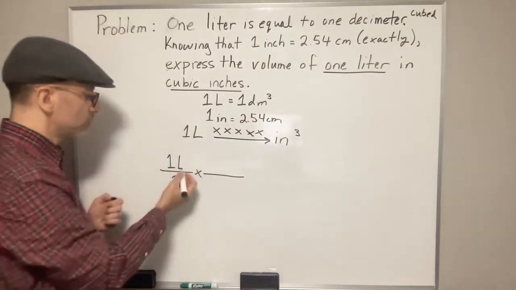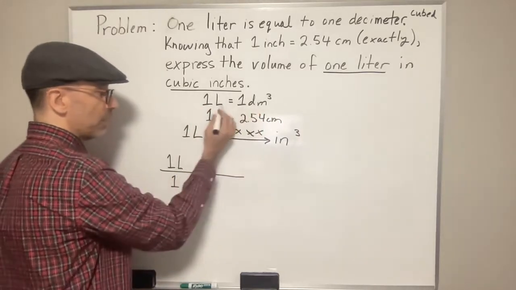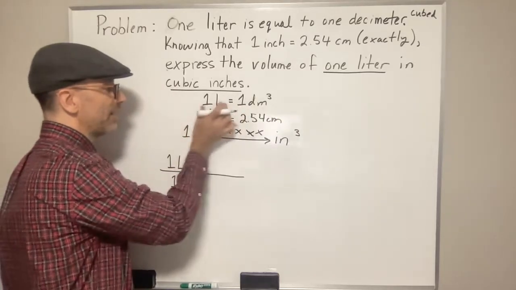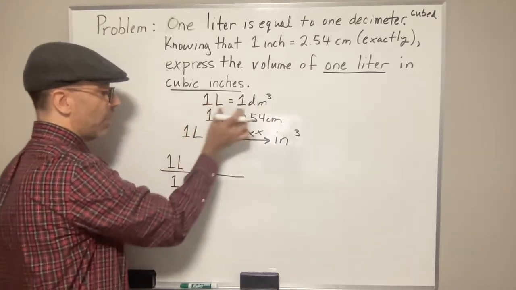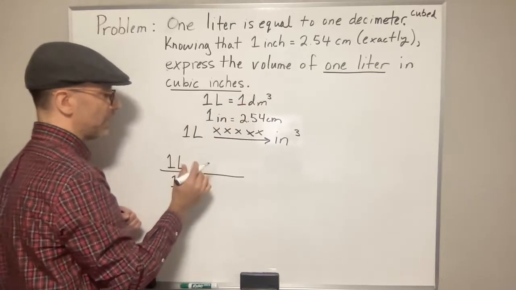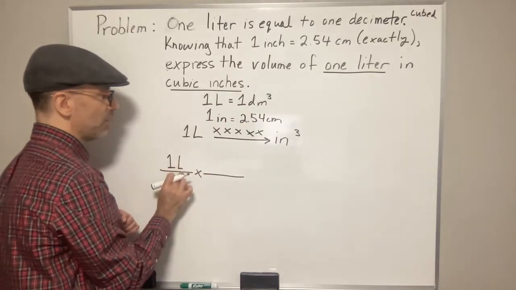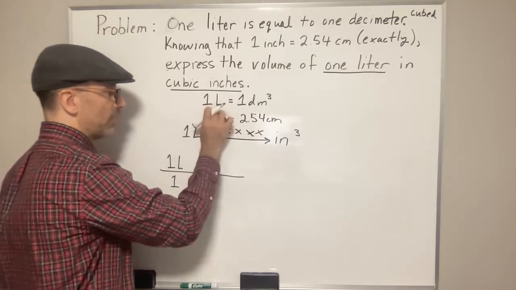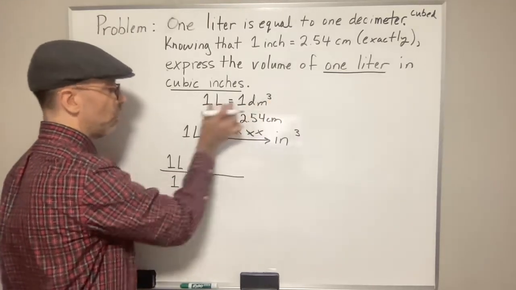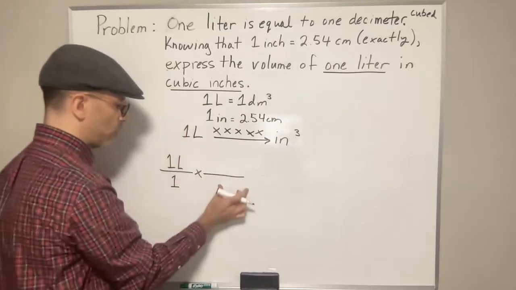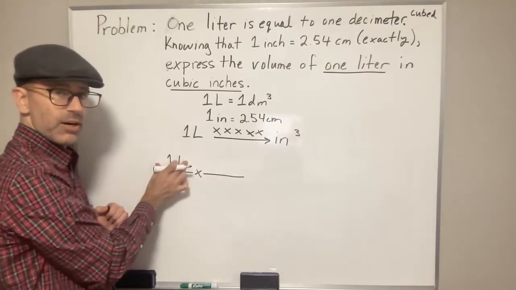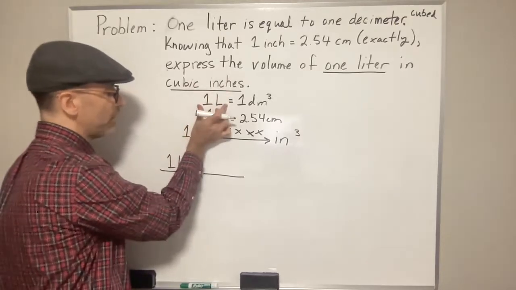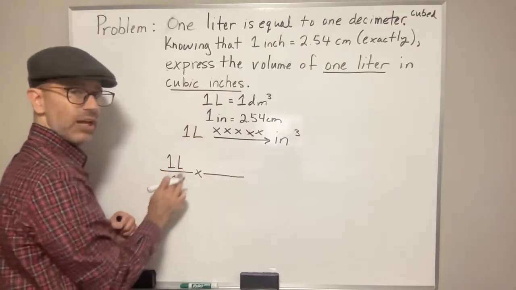And so I have this relationship, this equality. All I'm going to do is put one side on the bottom and one side on top. Since I have liters here, this should be on the bottom. So notice I have 1 liter is equal to 1 decimeter cubed. So the 1 liter goes on the bottom because I need to cancel out liters on top.